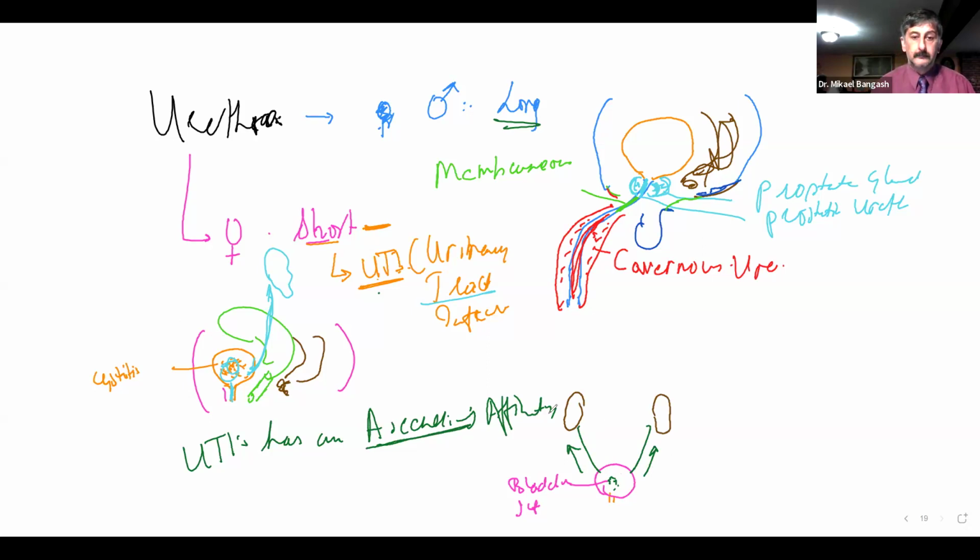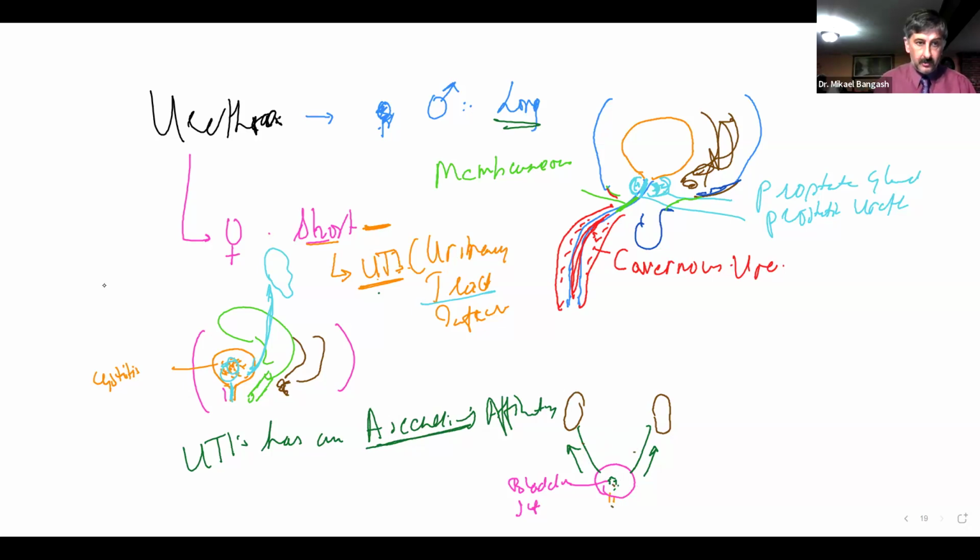Is that clear? But please keep in mind, guys, that is a possibility. That's why we say it has this ability to ascend, from urethra to bladder, from bladder to ureters, from ureters to kidneys.